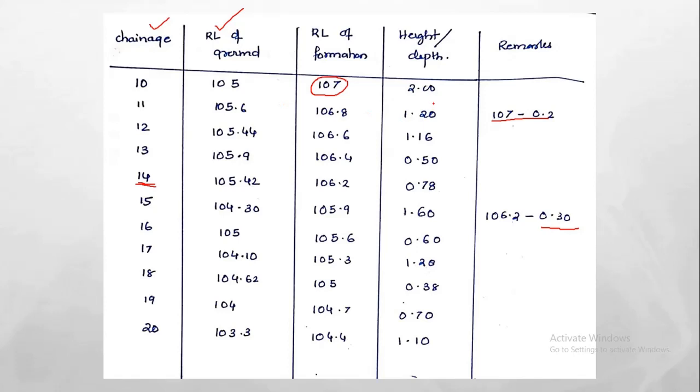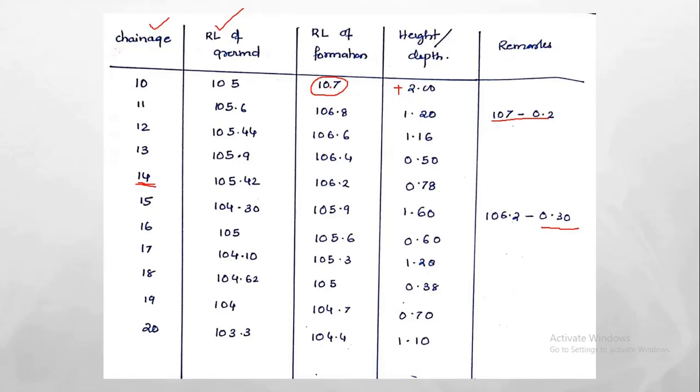Okay, so the height or depth: in some other problems we need to consider whether it is positive or negative. For example, if it is positive and after a particular stage the value decreases, we need to give the negative value.